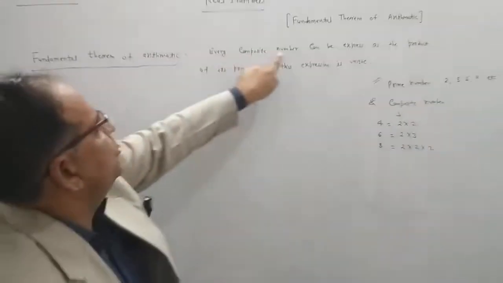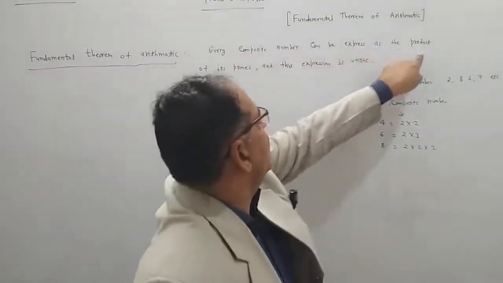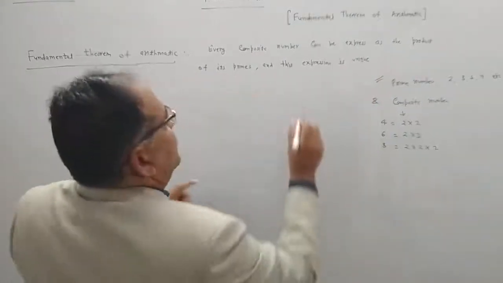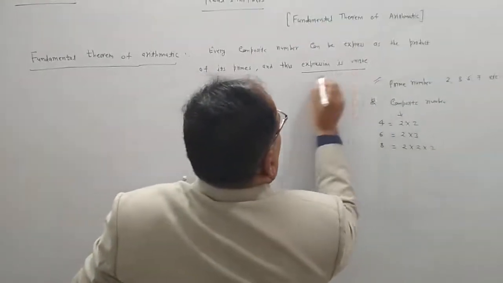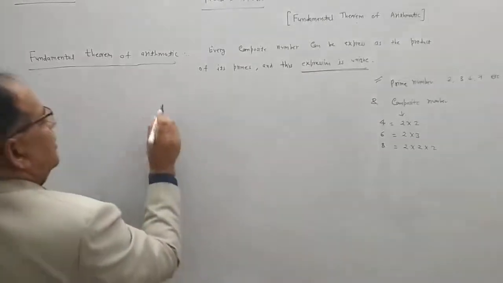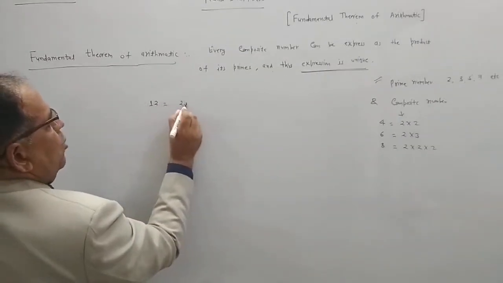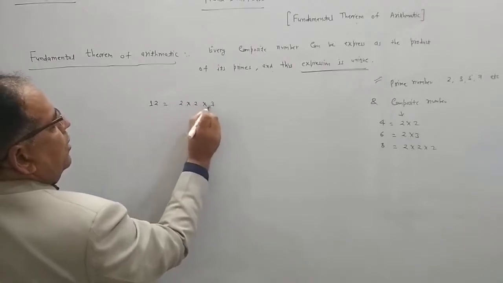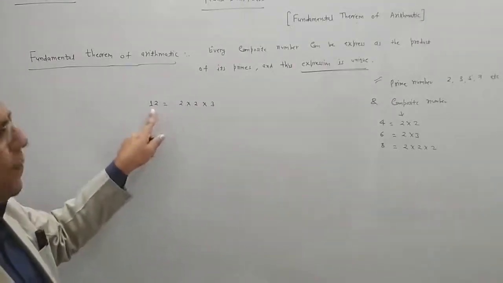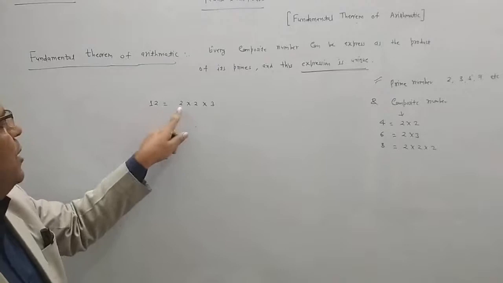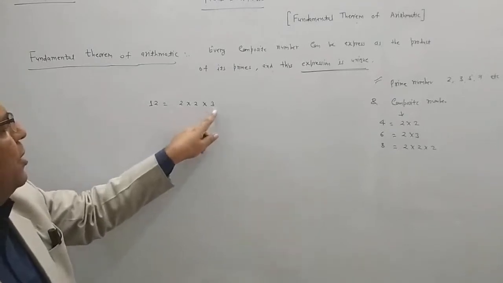The statement says that every composite number can be expressed as the product of its primes, and this expression is unique. So what is the sense of this statement? For example, 12 can be expressed as 2 into 2 into 3. So in the factorization of 12, we are using 2, 2 and 3.